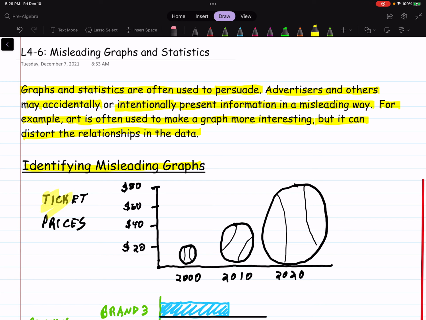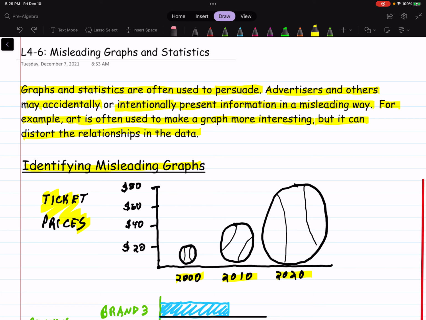This is a graph of the ticket prices for baseball in the year 2000, 2010, and 2020. Now, this graph, these three baseballs, maybe a little bit hand-drawn, but still it is art.